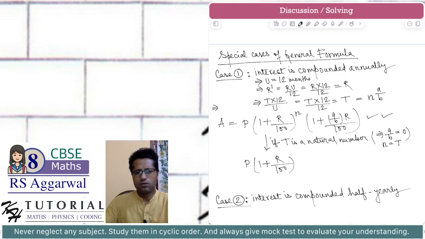So this simplified formula will get further simplified to 1 plus r by 100 to the power t, because the third factor will become 1 as a by b is 0.